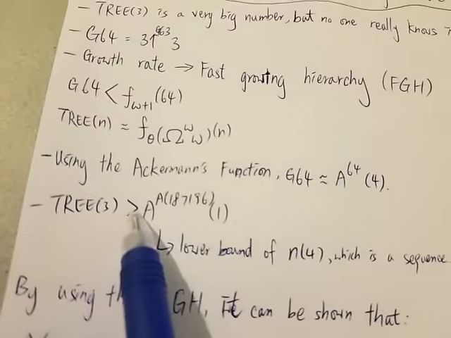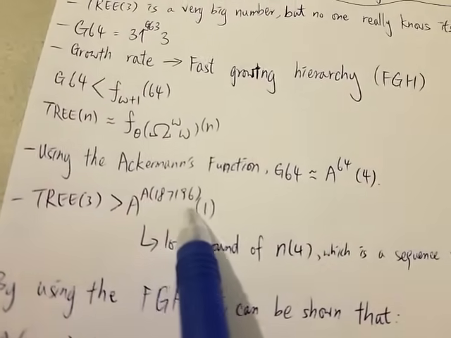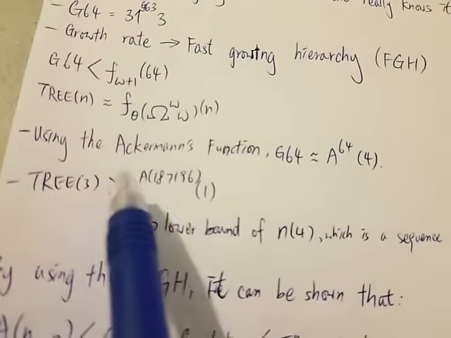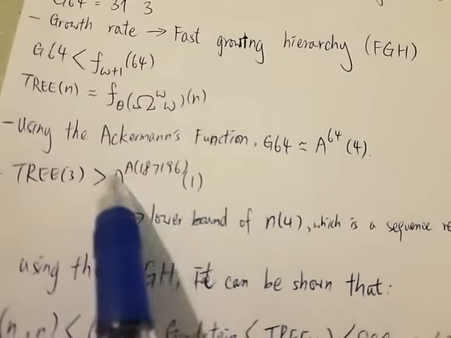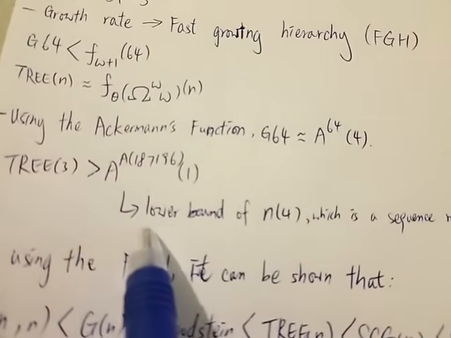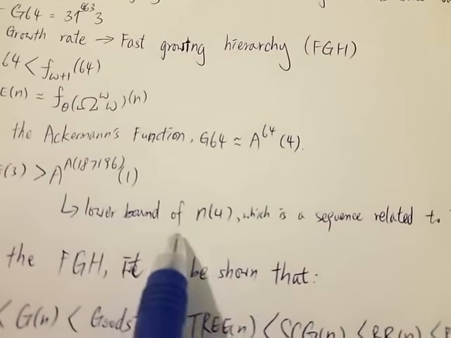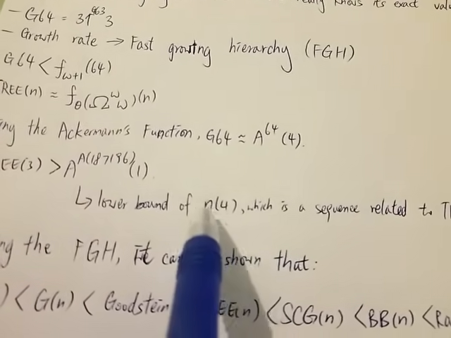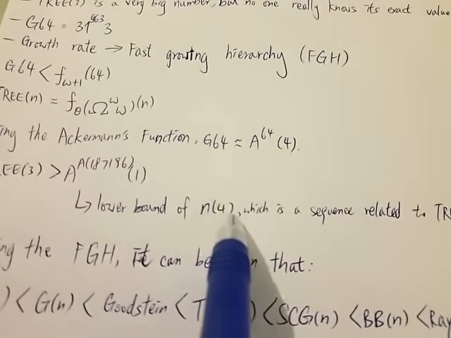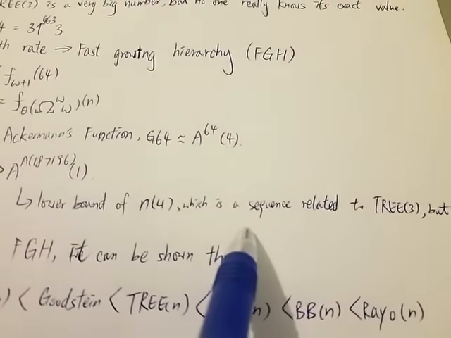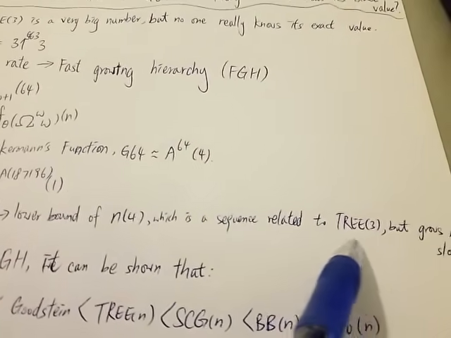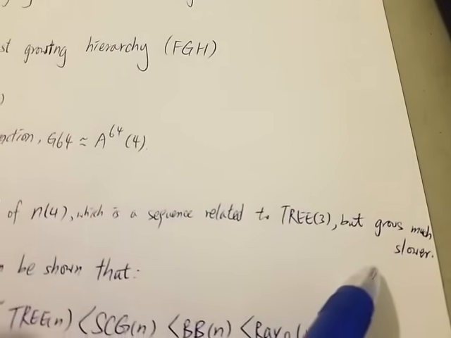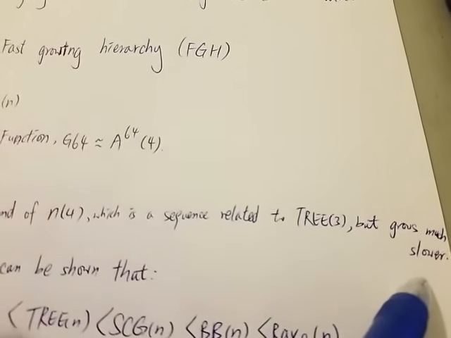And remember, this is an extremely weak lower bound for TREE(3). Actually, this number here is the lower bound for a similar related sequence, n(4), or n(k), and this n(k) function is a related sequence to TREE(3), except that the n(k) function grows much slower than the TREE function.